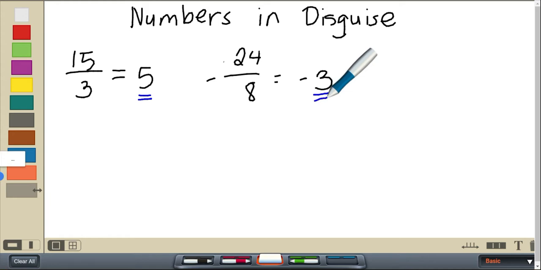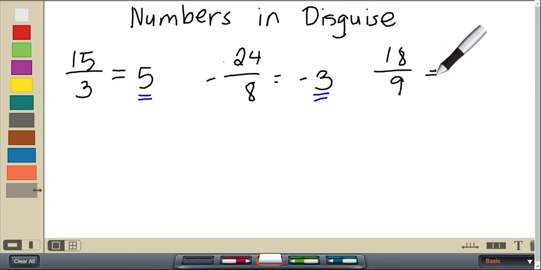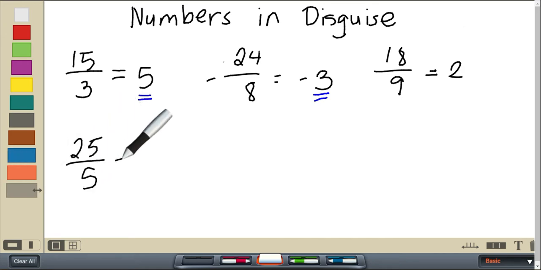Another example will be 18 over 9, which is equal to 2. Therefore, 18 over 9 is a counting or natural number. We have another, 25 over 5, another counting or natural number.